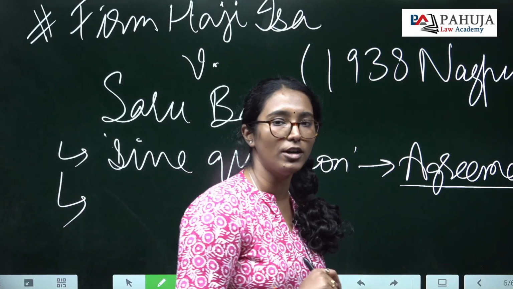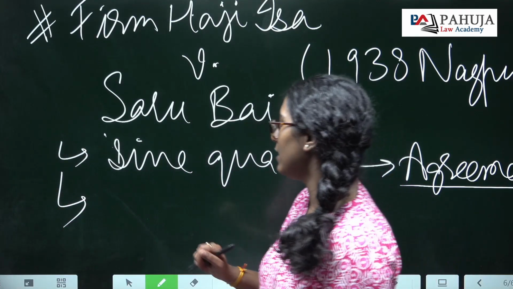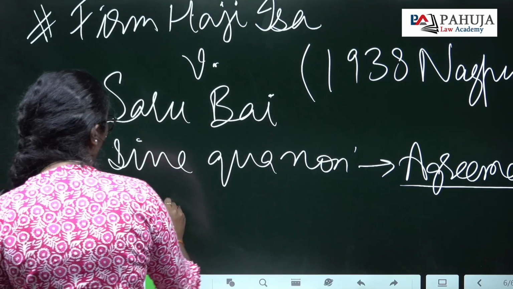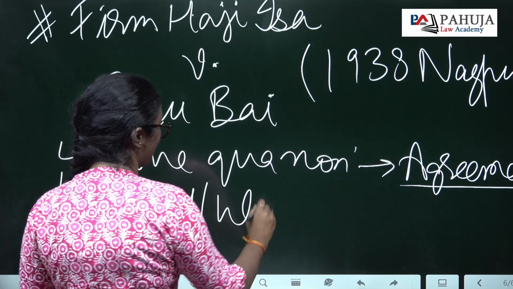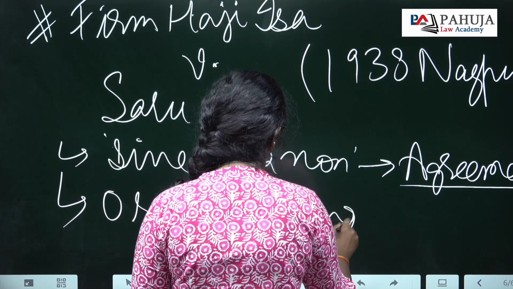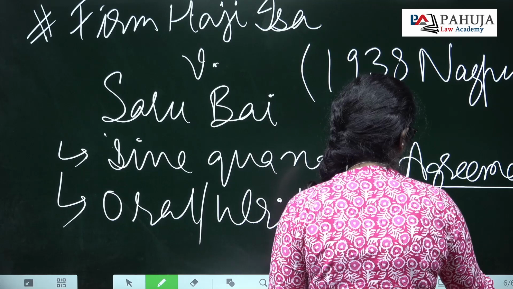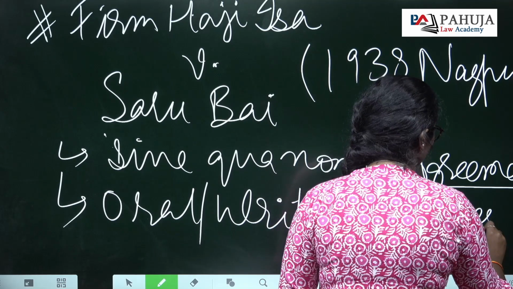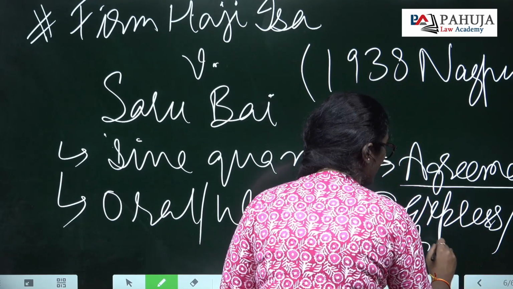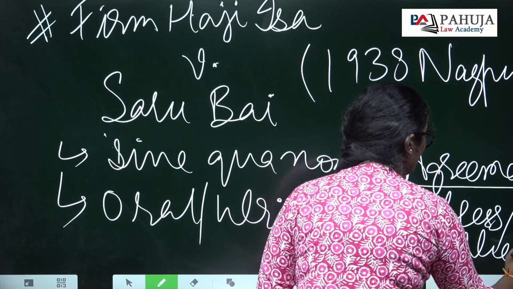And the second important thing that was held was that this agreement could be oral or it could be in writing, it could be express or implied, which means that a partnership may also be created by conduct of two persons.